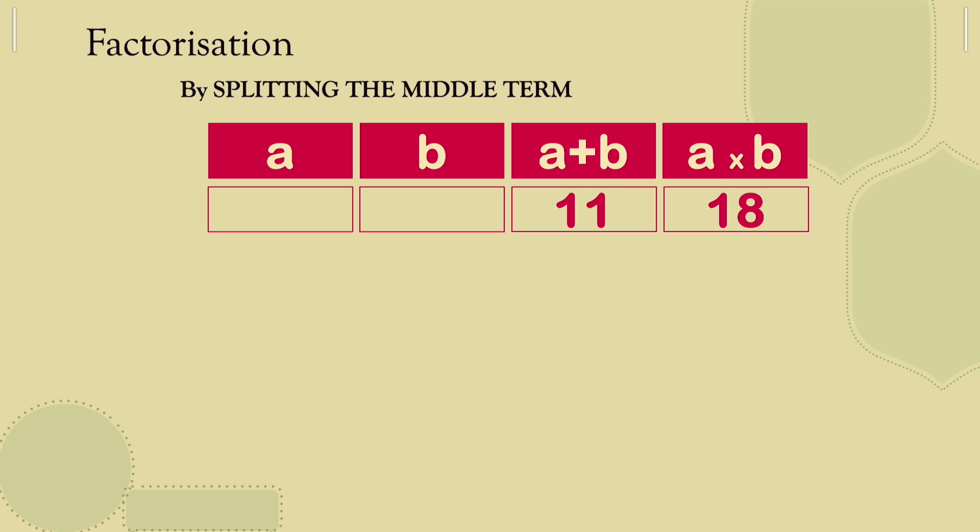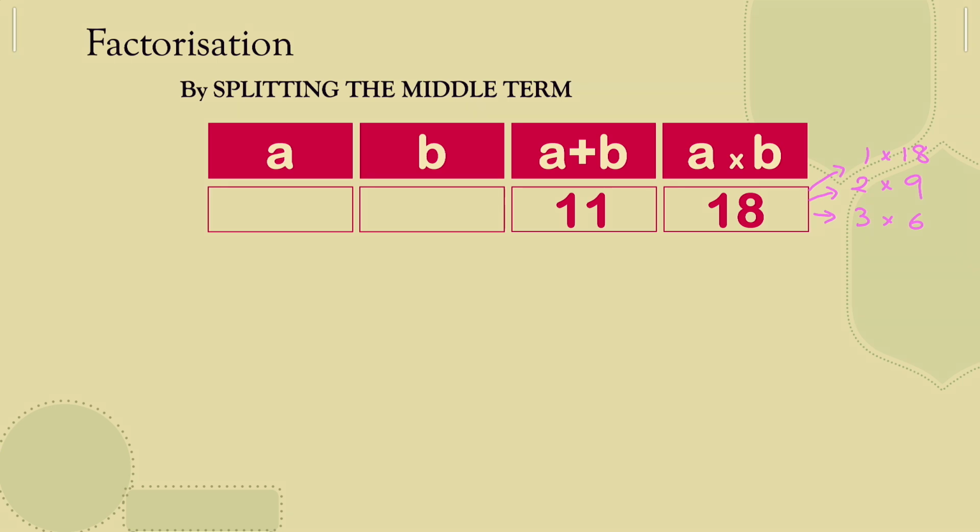If the sum of two numbers is 11 and the product of the same two numbers is 18, what are these two numbers? 2 and 9 or 6 and 3? 18 can be written as 2 into 9 or 3 into 6 or 1 into 18.